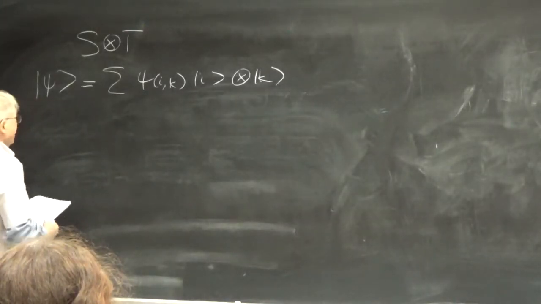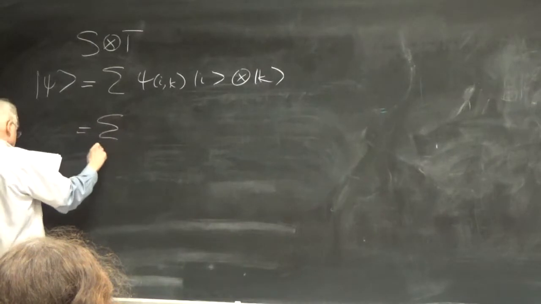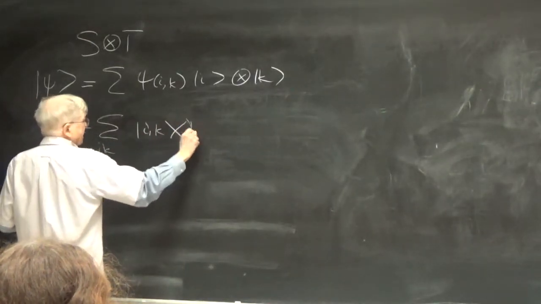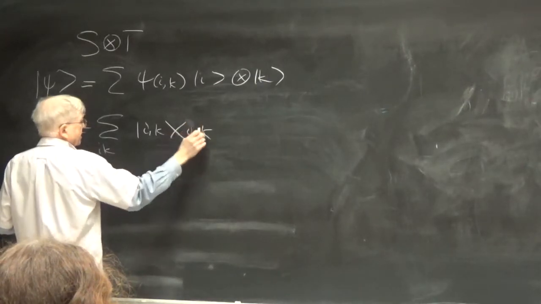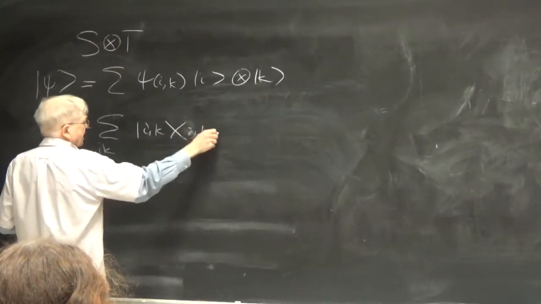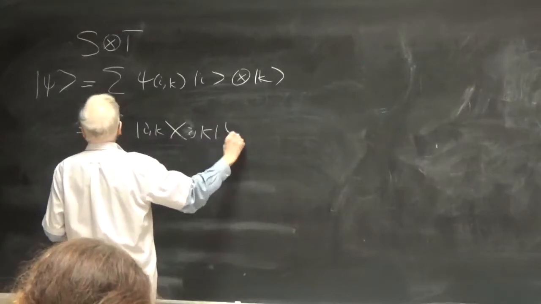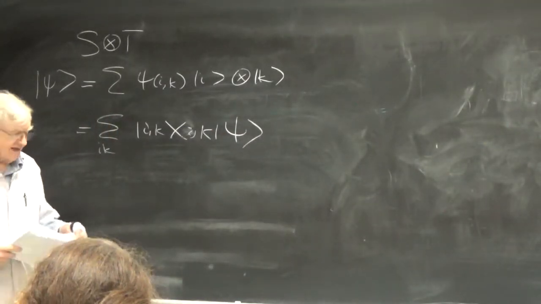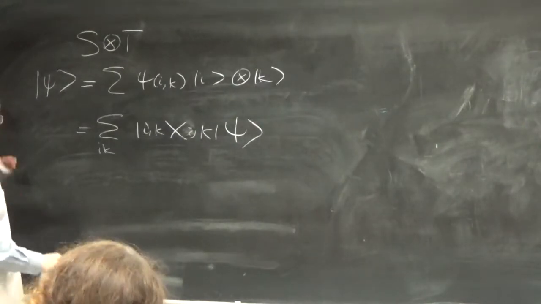Effectively, that's the same thing as the sum on ik of |ik⟩ times the inner product of ik with the state psi. Now, here's the thing to keep in mind.